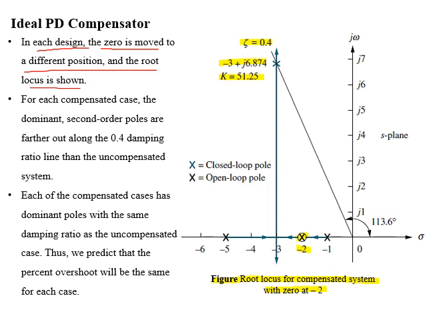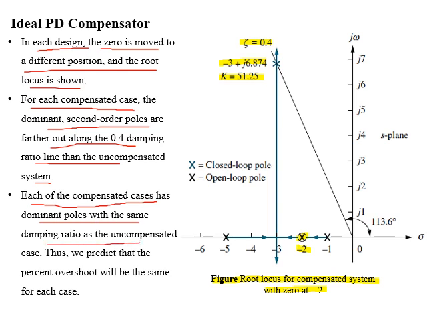After adding a 0, the dominant pair of poles changes its location far away from the uncompensated one at a line of constant damping ratio. And each of the compensated systems has dominant pole with the same damping ratio as the uncompensated one. So we predict that percent overshoot will be the same for each case.